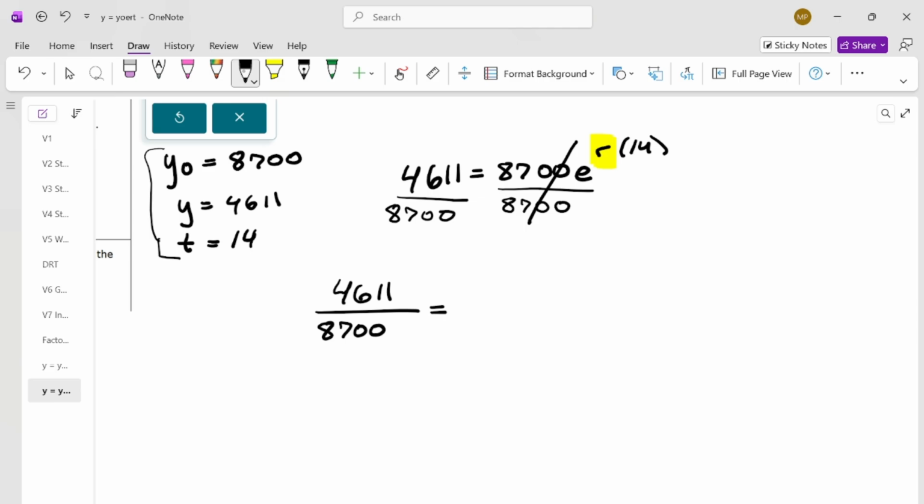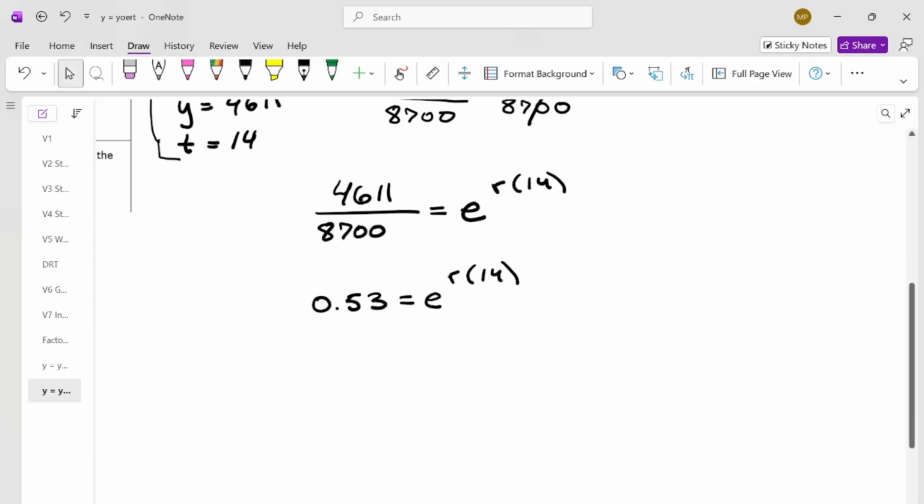And we set that equal to e raised to r times 14. Now we can reduce the fraction on the left in our calculator, and we end up getting 0.53 is equal to e raised to the power of r times 14.